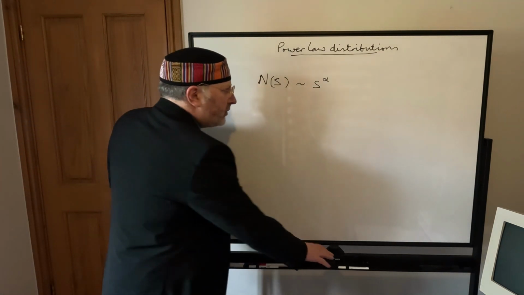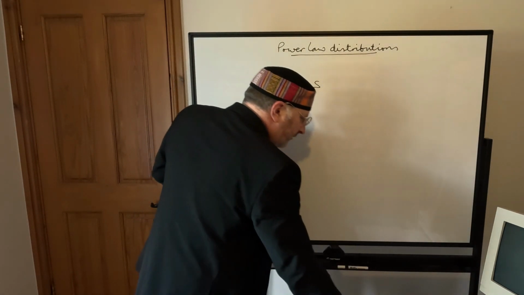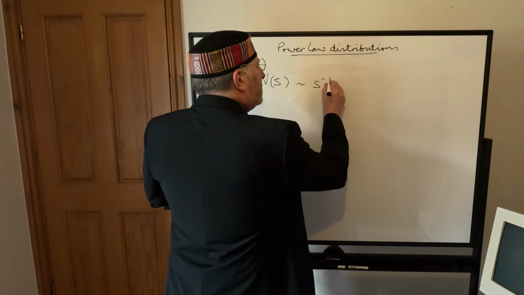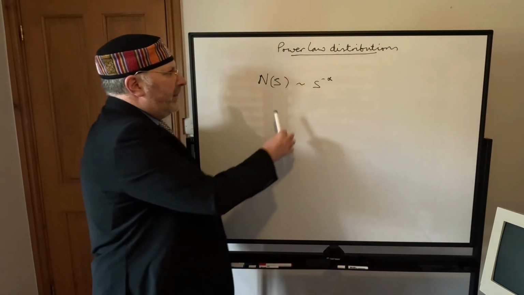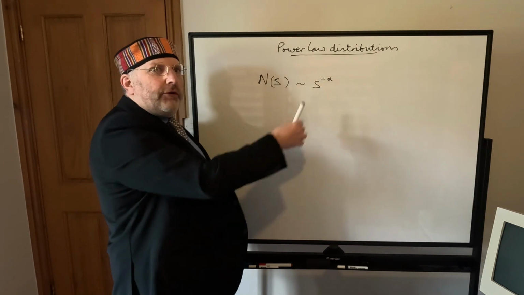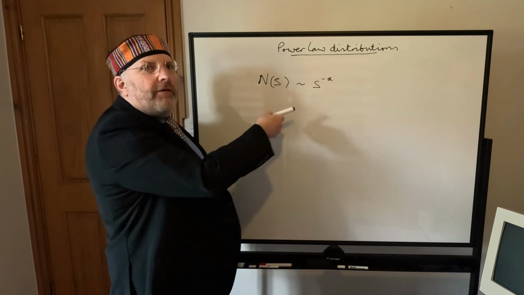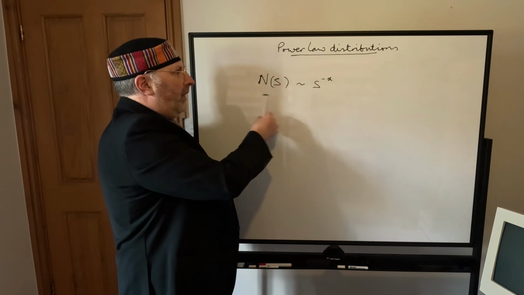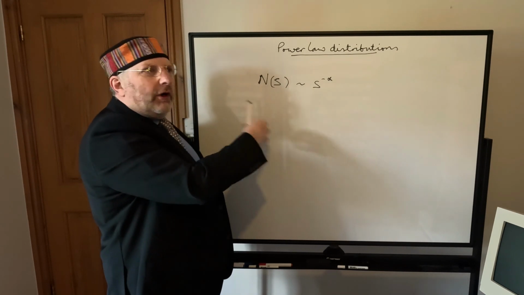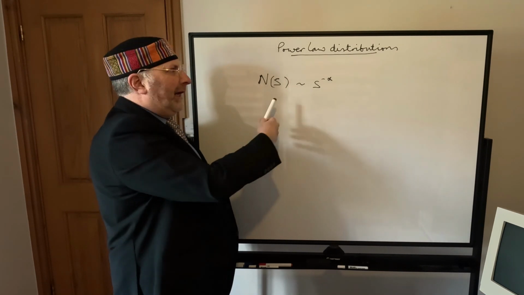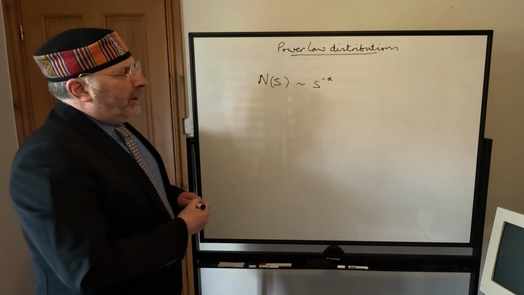Only usually we're going to say it is minus alpha, because usually the larger the size, the fewer there are. So as the size increases, the number of that size decreases. So as the size increases, they get rarer. So larger wars are less common, larger cities are less common. So that is the reason for the minus sign there.